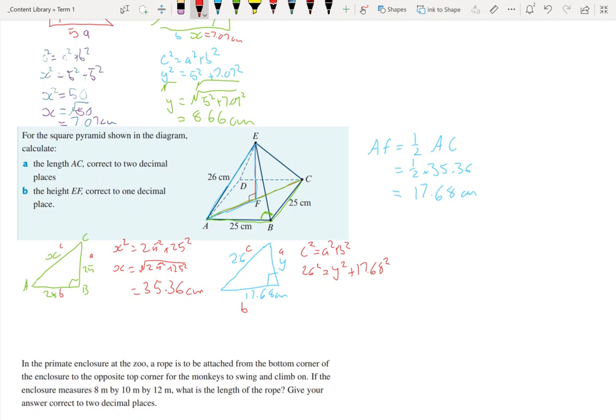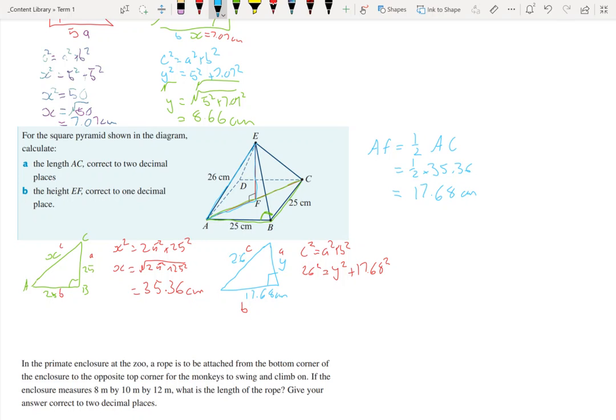Okay. So let's solve this. Once again, I'm not gonna do the squareds because there's decimals involved, and that always makes it annoying. You don't want to square things that you don't have to. Or at least get your calculator to do it all in one step. So I'm going to get y by itself. To get y by itself, I need to get rid of the 17.68 squared, and I need to get rid of the square on the y as well.